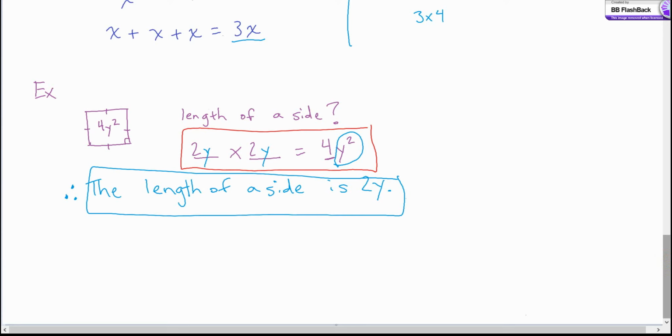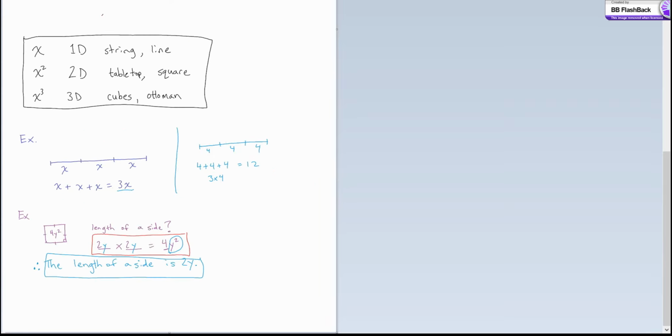Okay, let's do an example with a cube shape. So think about what a cube shape looks like. I'm going to just make this space a little bit bigger.